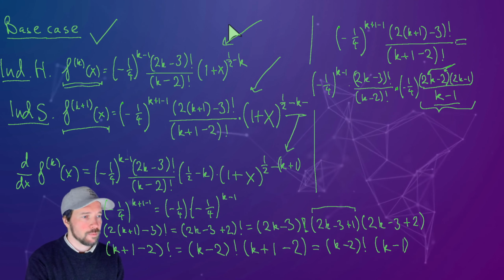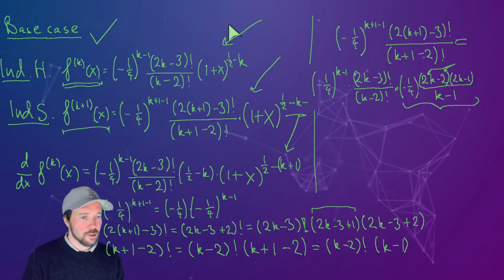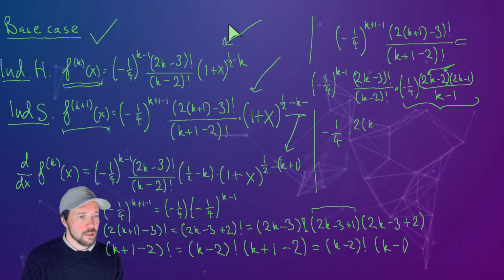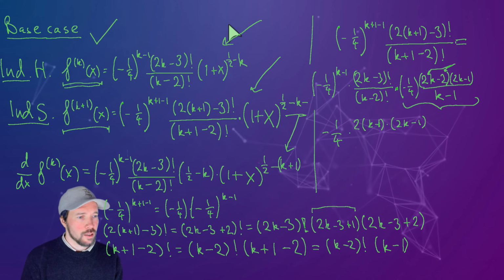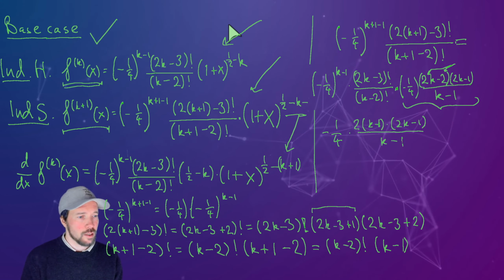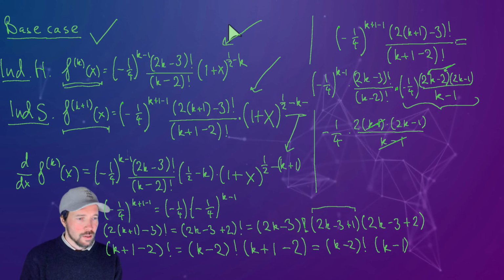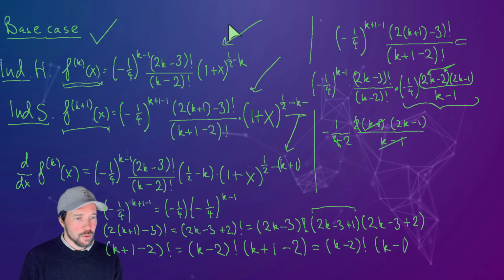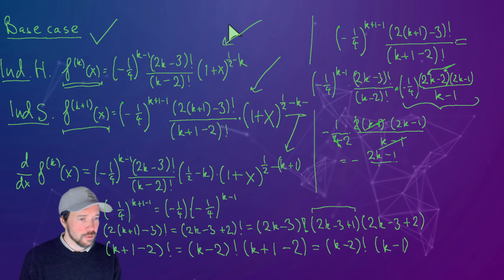I'm going to work with this term, which is the extra term, minus 4 times 2, and then k minus 1, and then 2k minus 1, and then divided by k minus 1. Now these cancel, and these 2 make this 4 into 2, so we have minus, and then 2k minus 1 divided by 2.